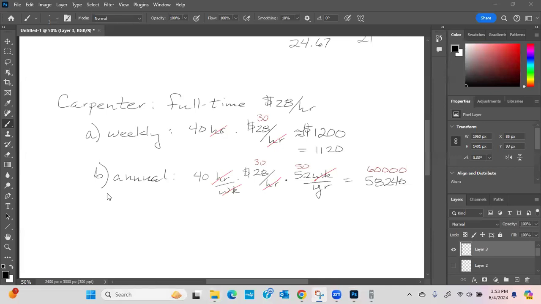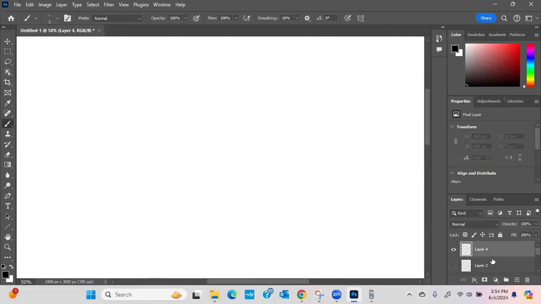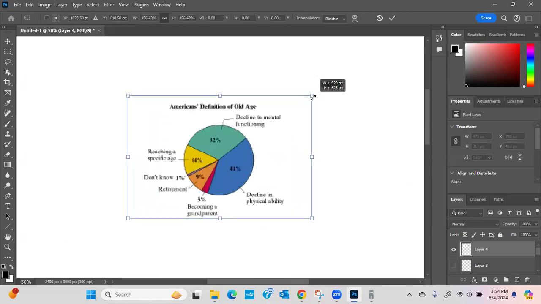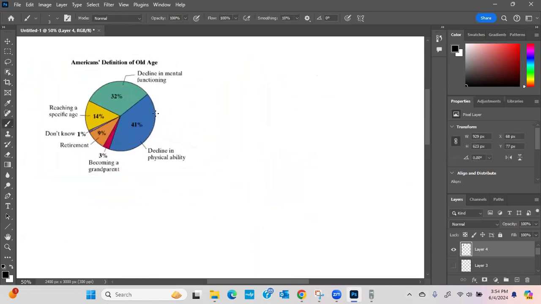There are some problems they give us that they round in a way slightly different from us, but they have also done us the favor in that the answers they accept are within a range of values. And when they do that, then it means as long as you're close, you'll be okay.